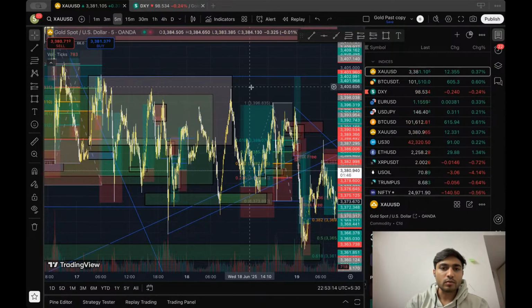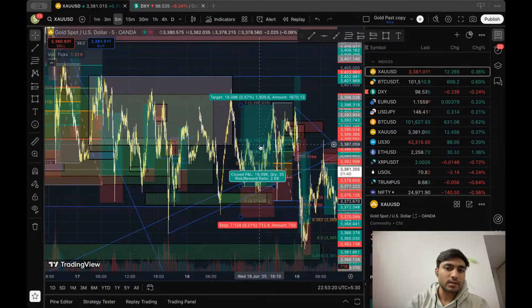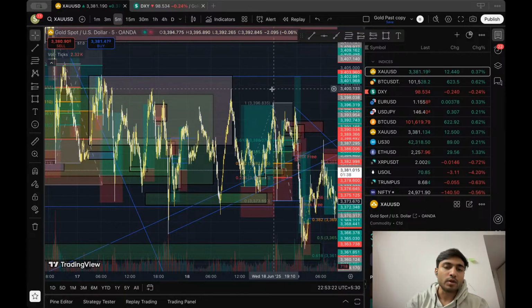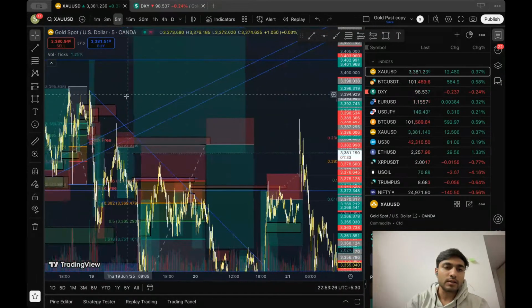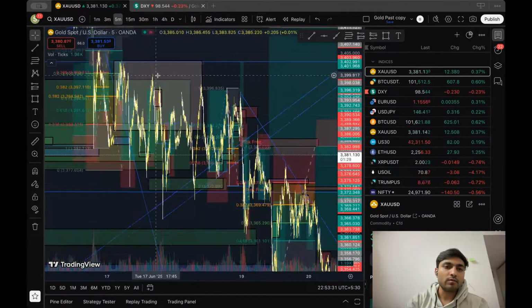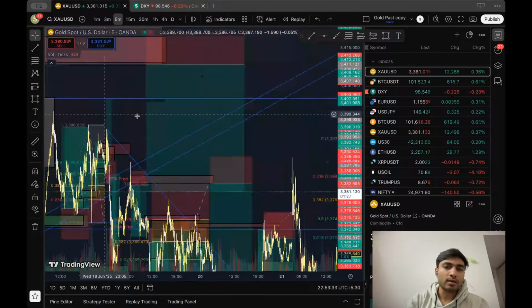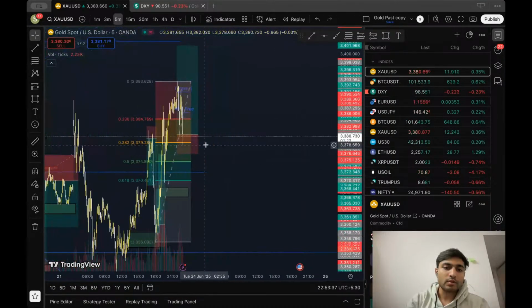What I have observed in the previous trends is that when the market comes to these levels, it takes out all of this at once. It doesn't take them one by one, not like that. It takes all of them at once and could give us bigger profits. So that was the intuition of this trade.